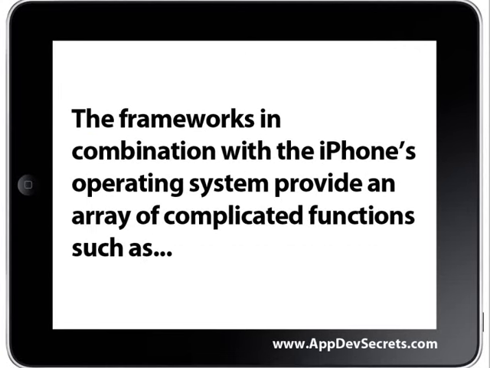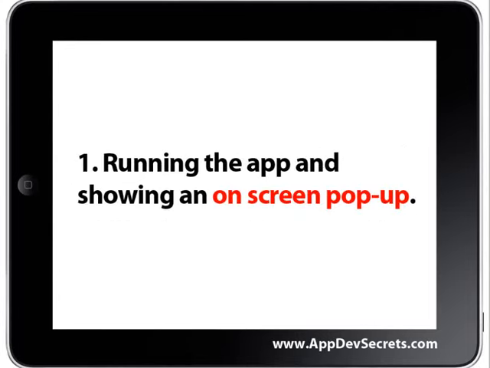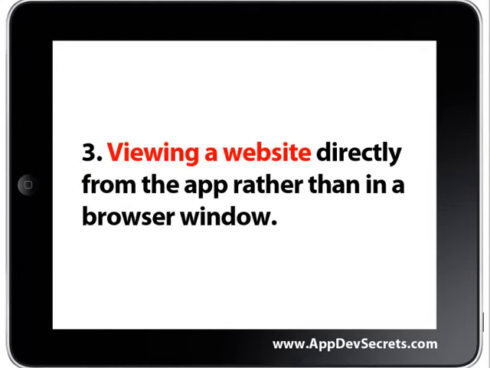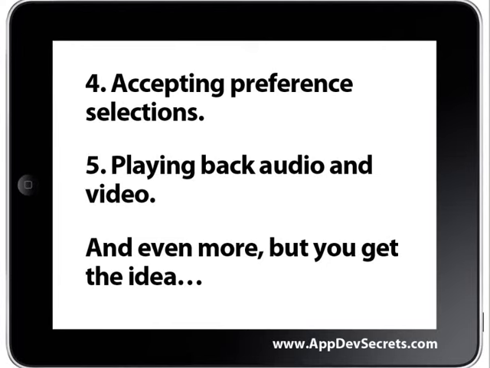The framework in combination with the iPhone's operating system provide an array of complicated functions such as running the app and showing an on-screen pop-up, showing controllers on the display and reacting to the user interface, e.g., modifying a toggle switch or scrolling down a page such as your address book, viewing a website directly from the app rather than in a browser window, accepting preference selections, playing back audio and video, and even more, but you get the idea.